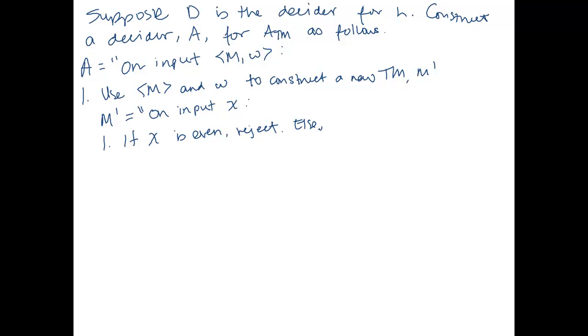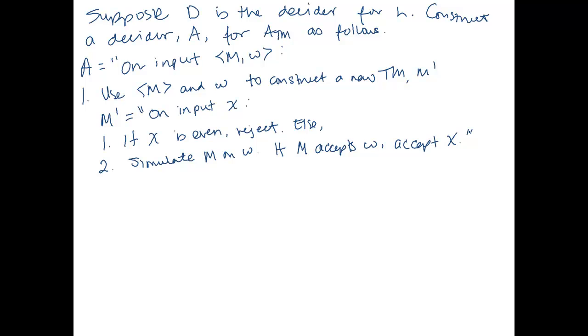Two, otherwise, X must be odd, so we simulate M on W. If M accepts W, then we accept X.